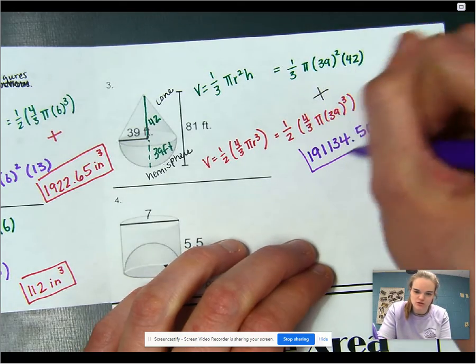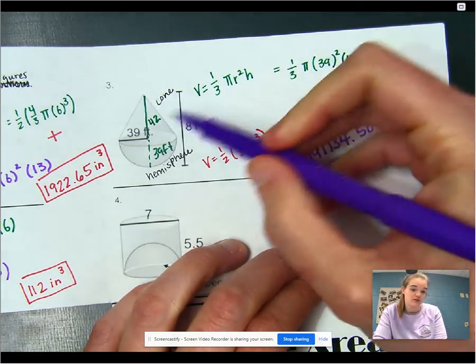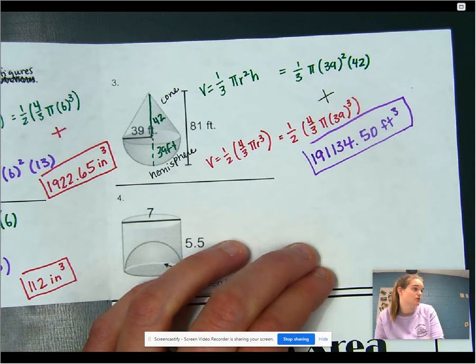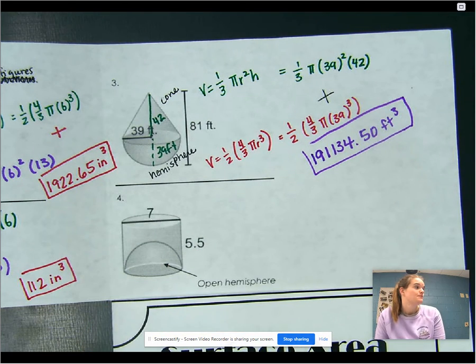That's a huge cone anyway. 42 feet cone. That whole figure is 81 feet. That's big.